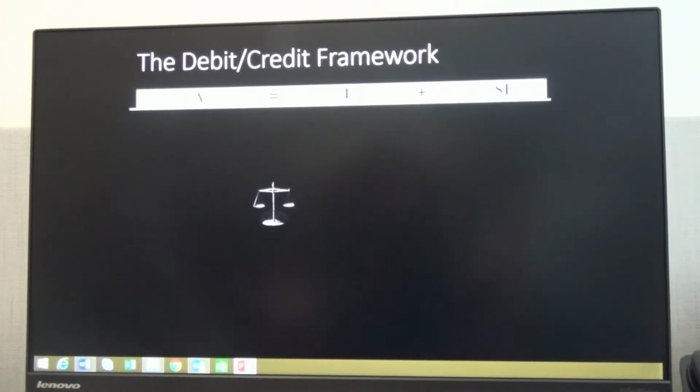The balance sheet always needs to be in balance, so those trays need to be equal. So anytime we put something on the asset side, we also have to put something on the liabilities and equity side, or we can take something else back off the asset side of an equal value to what we added. And so every transaction that we enter has to make that scale stay in balance accordingly.